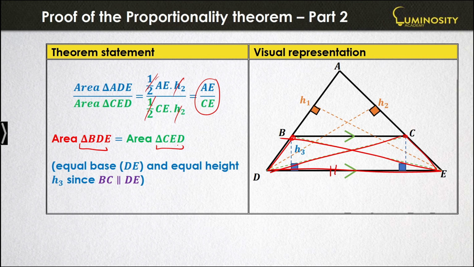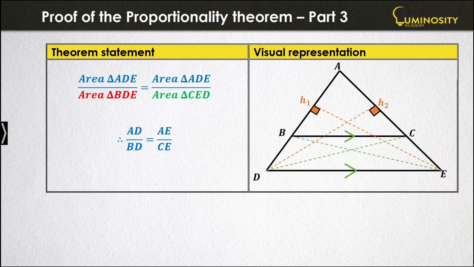So let's keep breaking down what we've been doing step by step. We found a ratio of the areas of the bigger triangle to these smaller triangles. Now we've looked at these two smaller triangles in particular and noted that their areas are equal by this exact reasoning. Lastly, we take the area of the larger triangle ADE and divide it by the area of triangle BDE.